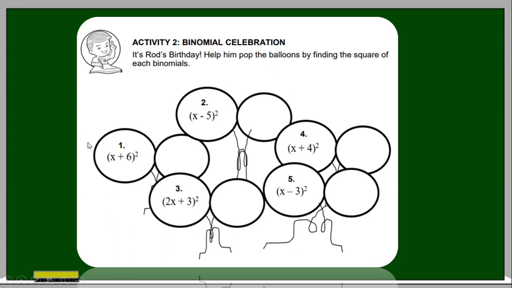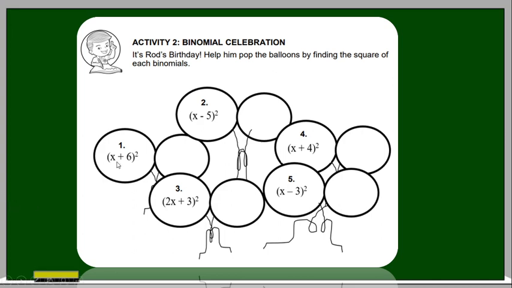Let's say for number 1, quantity x plus 6 squared. So ito ay square of a binomial. Ano yung sinabi ko sa inyo na process, steps na pwede mong gawin? You square the first, and then number 2, you multiply the two terms and then you double, and for the last term, the square of the second term.